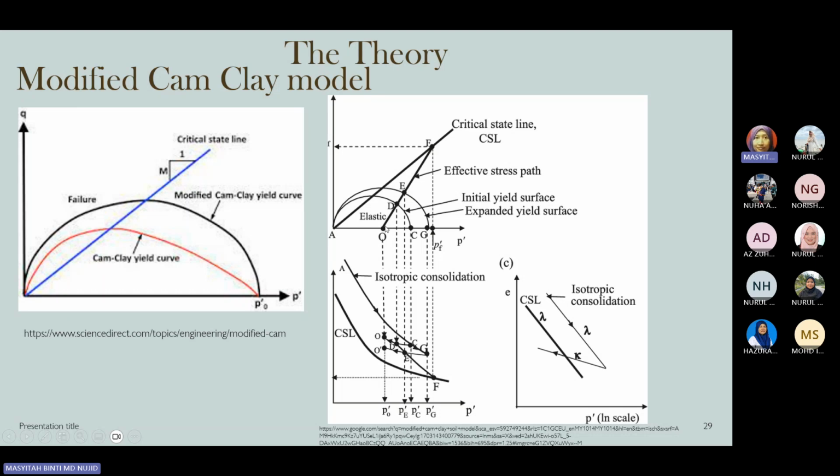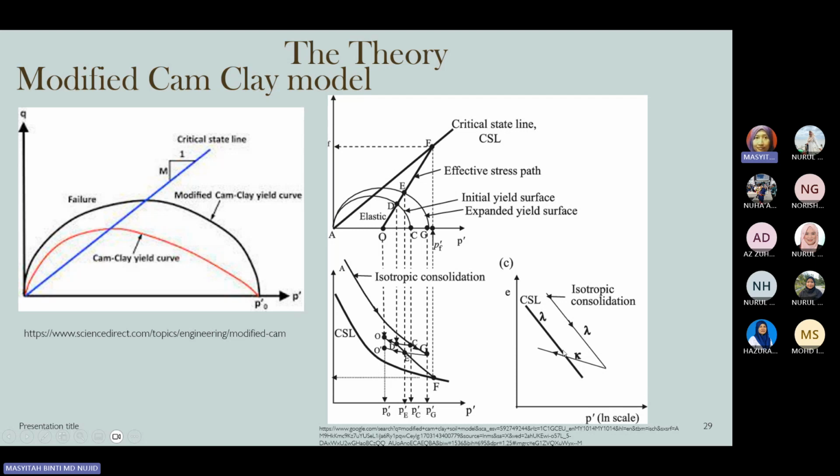Here you can see the critical stress path from the beginning of the applied stress, the initial stress at point O, then increasing to point D and up to point E. You can see as well the changes in the volumetric strain in the lower graph. From points A and B, finally another graph is produced, e versus log stress. This can actually be obtained from a one-dimensional consolidation test, which explains the relationship between void ratio and log stress.